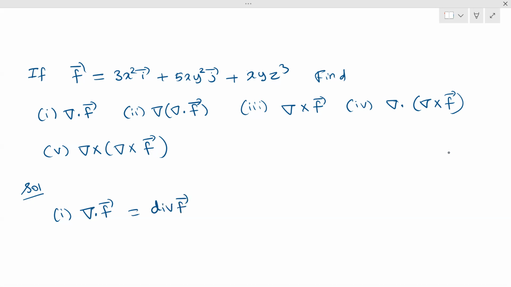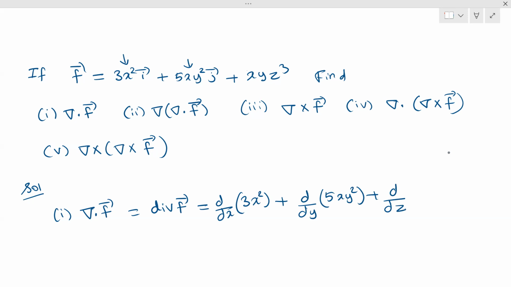How to calculate it? It is equal to dou by dou x of F1, where F1 is the i component, 3x square, plus dou by dou y of F2, the j component, 5x y square, plus dou by dou z of F3, that is xyz cube.